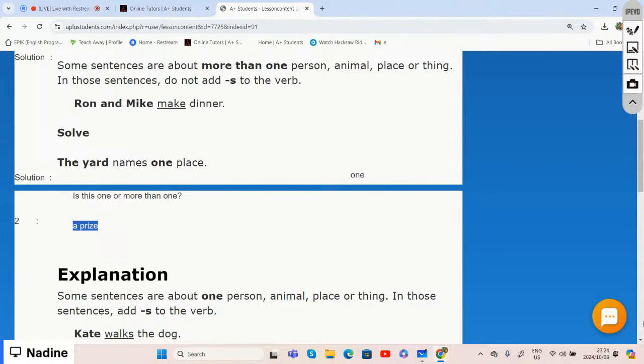What do you think? If I'm saying that the boy got a prize, does that mean he got one prize or does that mean he got more than one prize?